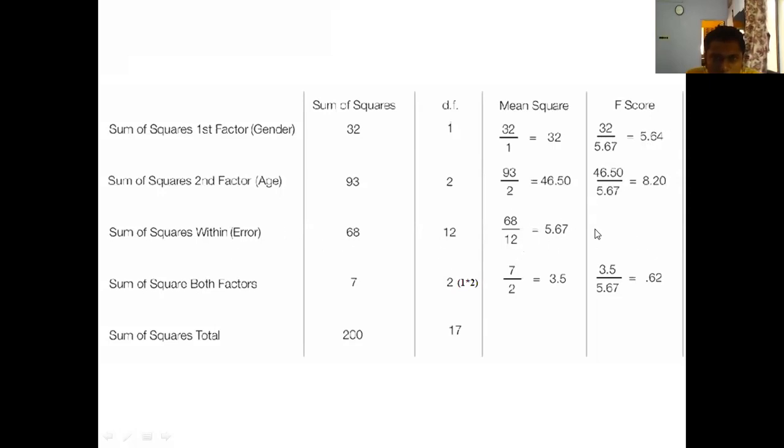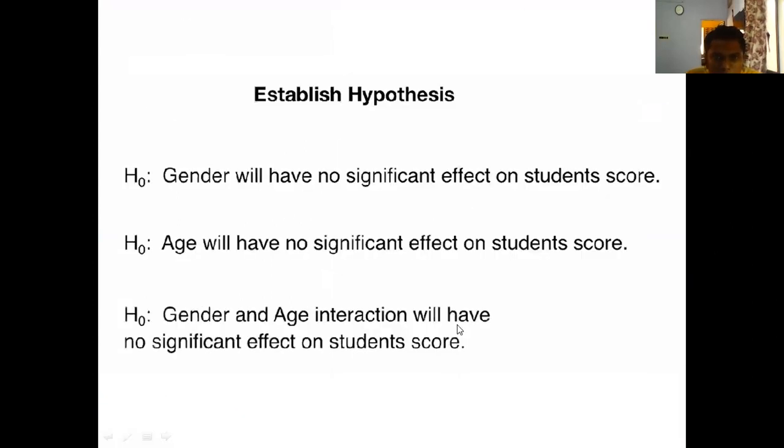So 32 by 5.67, 46.50 by 5.67, and here 3.5 divided by 5.67. Ultimately you are getting these scores, which are the results for your hypotheses.